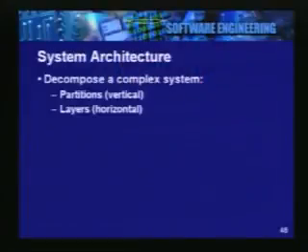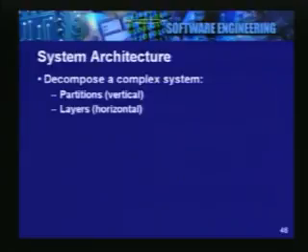Usually a large complex software will be decomposed into what we may call partitions or layers. We do not implement a large software as a single module or a single routine. It consists of different segments or partitions as shown in the diagram here in front of me.